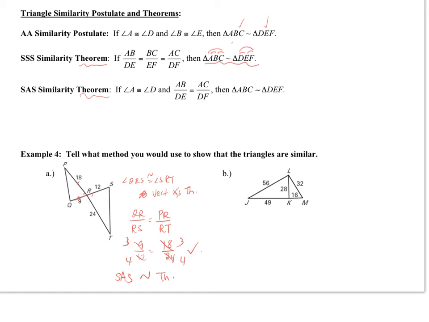And for this one, we have triangle JKL, and then the little one, which is LKM.